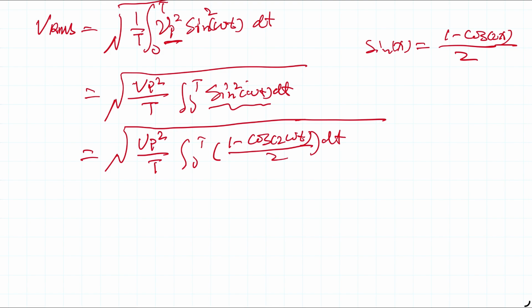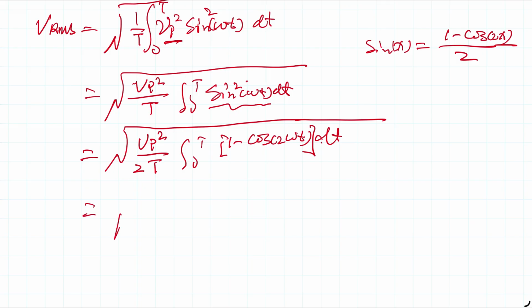The 2 is a constant, so it can be moved out, so we can get rid of the 2 here, which makes it a bit simpler.